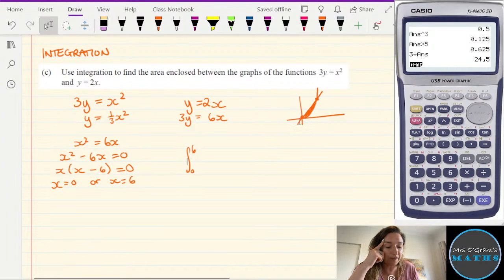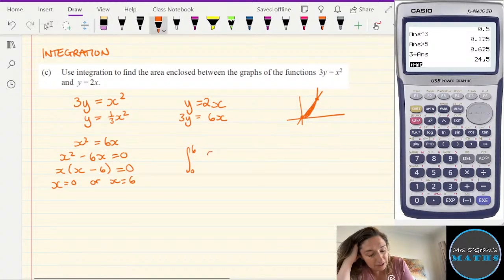If we can picture what this looks like, then we can tell the straight line is the one on the top, and we're going to take away the curved line that's underneath it. So y equals 2x, take away y equals a third of x squared.